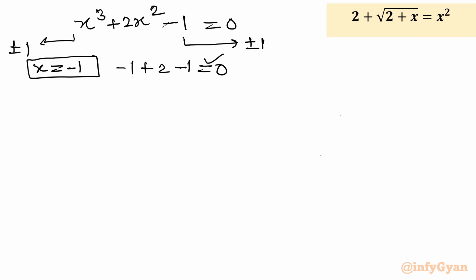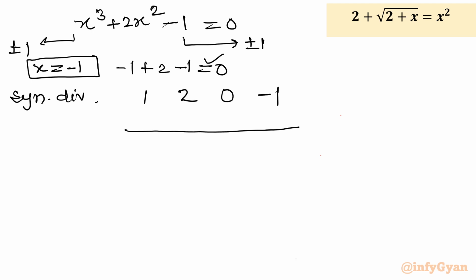The remaining two solutions I will find using the synthetic division method. Let me write all the coefficients first. The x cubed coefficient is 1, the 2x squared coefficient is 2, the x term is not there so the coefficient is 0, and the constant is minus 1. Put one line over there. Now I bring down the leading coefficient as it is.